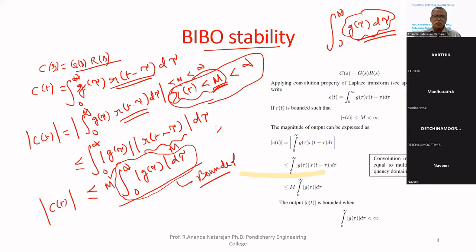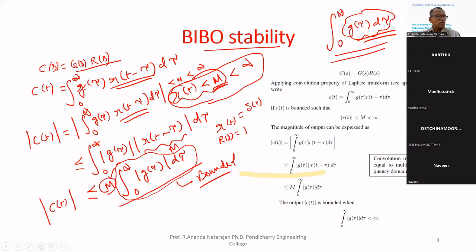What is impulse response? For impulse input, R of T equals del of T, and R of S equals 1. For that, it is the integral from 0 to infinity of del of T. Let us assume that in that case, M becomes 1.